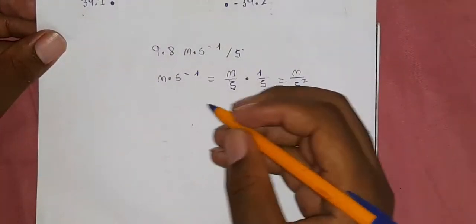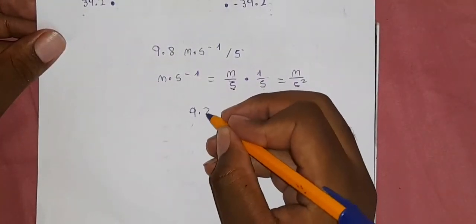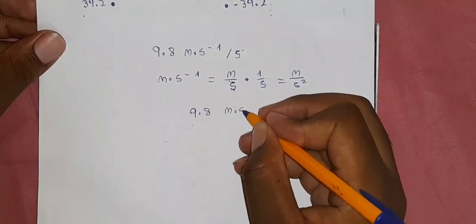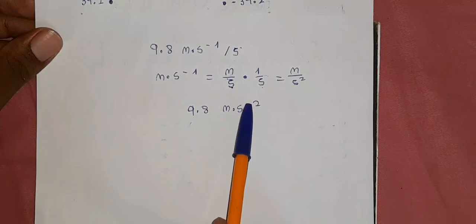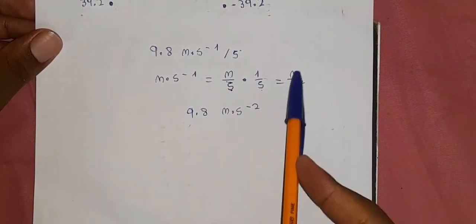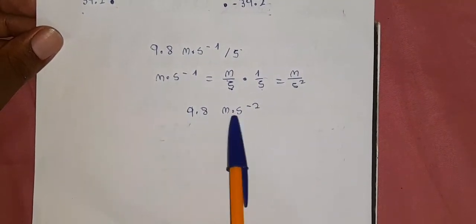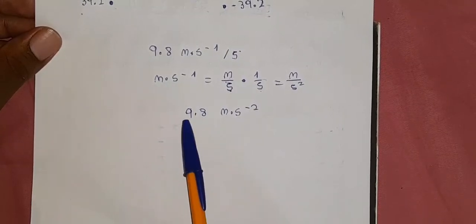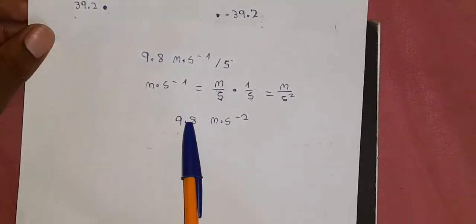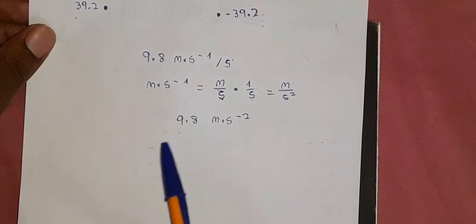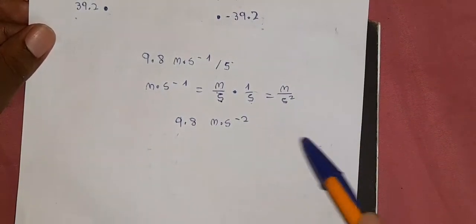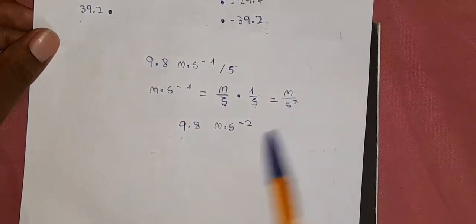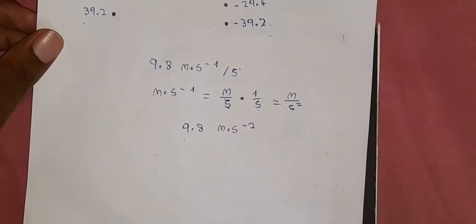So we get 9.8 meters per second squared. Meters per second to the power negative 2 is the same as this here. So what does this mean here? It means that the velocity of this object changes by 9.8 meters per second every second. That's what acceleration tells us.